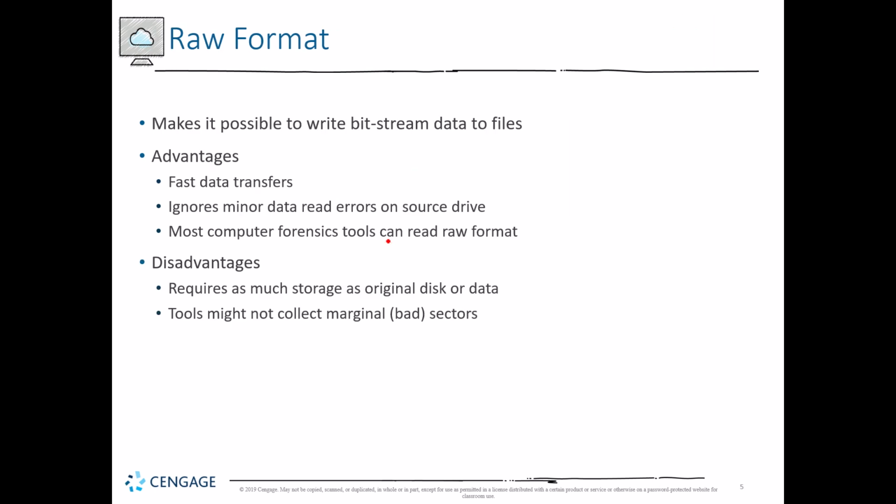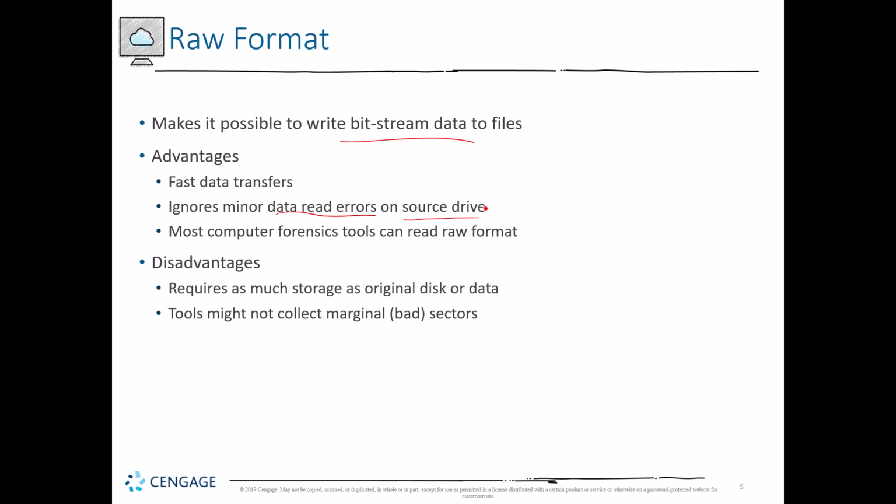So the raw format makes it possible to write bitstream data to files. A bitstream is again a bit-by-bit copy. It's fast data transfer. The big thing is it ignores minor data read errors on the source. There's an issue with that.